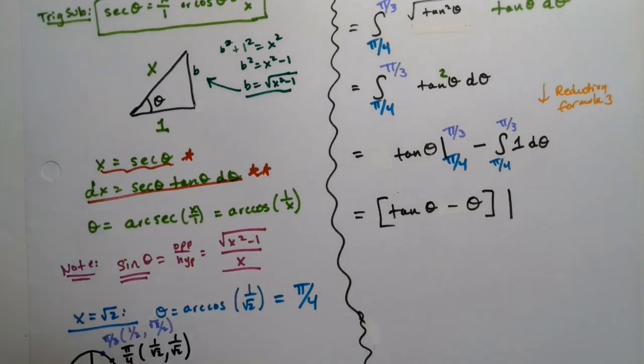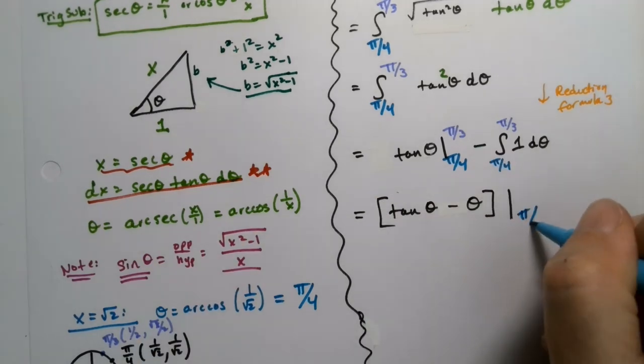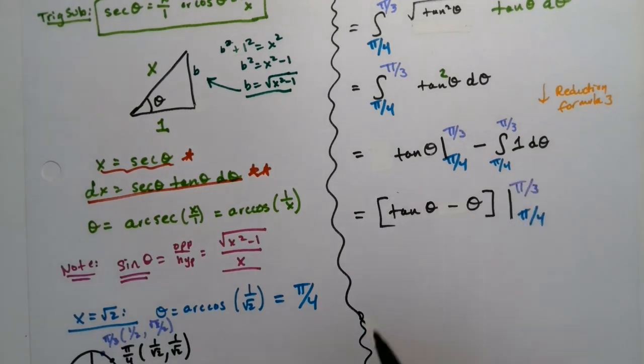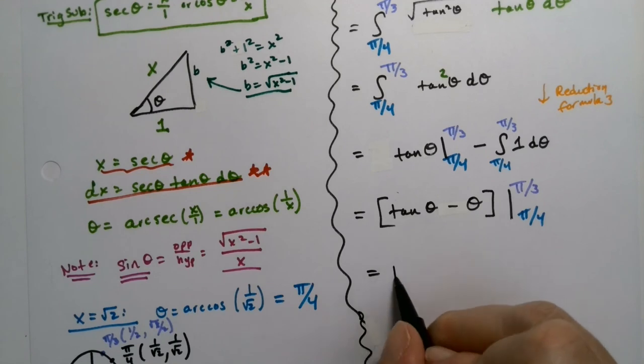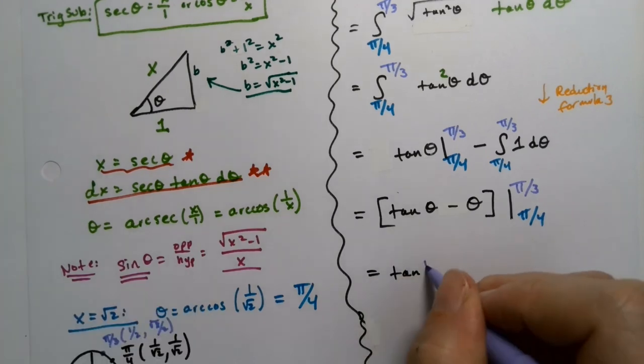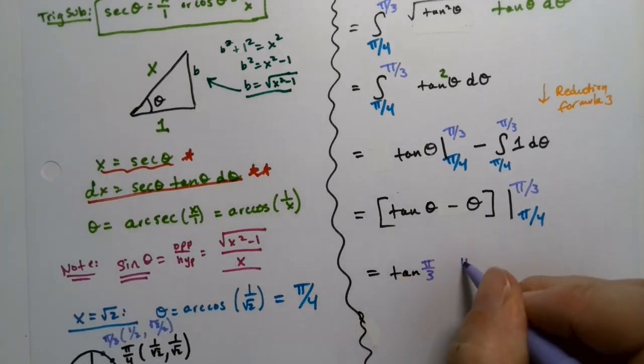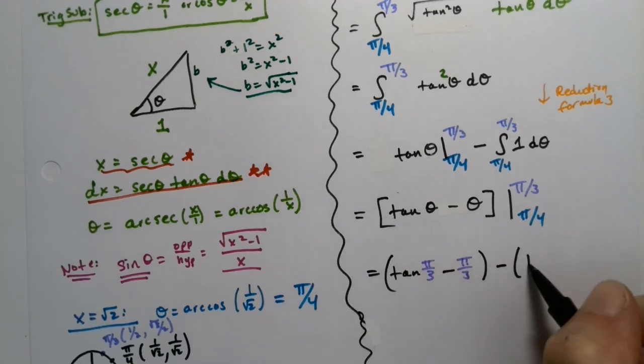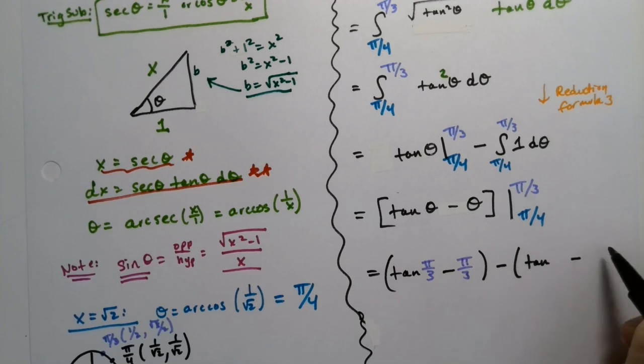And then all of it is from pi over 4 to pi over 3. All right, so that's the tangent of pi over 3 minus pi over 3 minus, and then do it again, tangent of pi over 4 minus pi over 4.